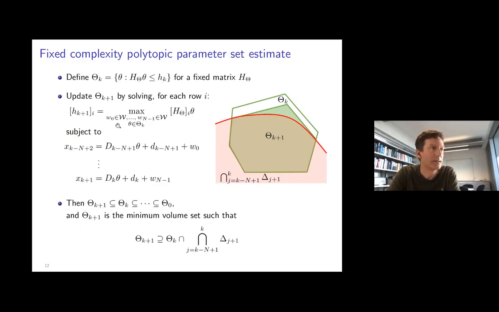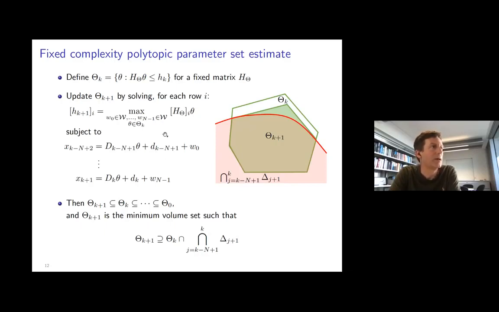Then, in order to update the set, we calculate the right-hand sides of the linear constraints, which ensure that the set is always shrinking at each time step, and also gives us the minimum volume parameter set update that contains the old parameter set and the intersection with the unfalsified set.